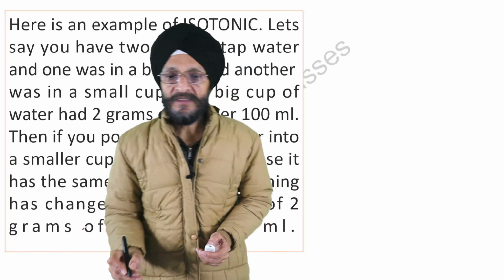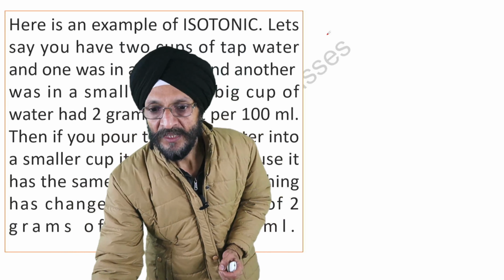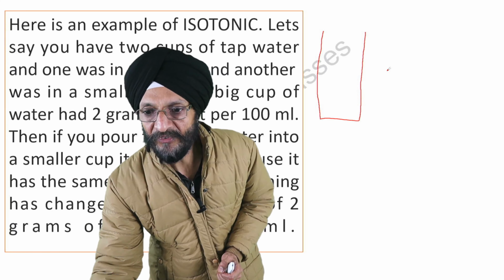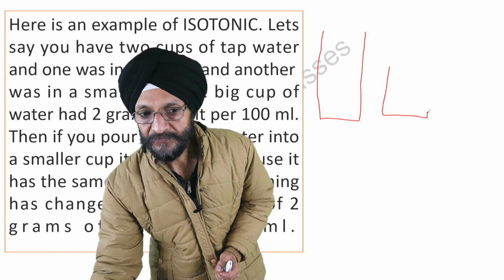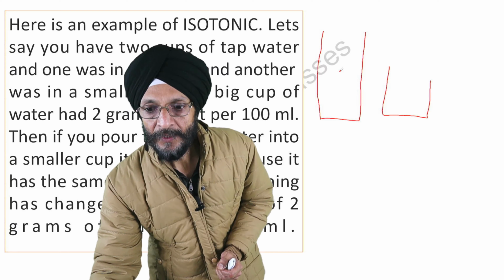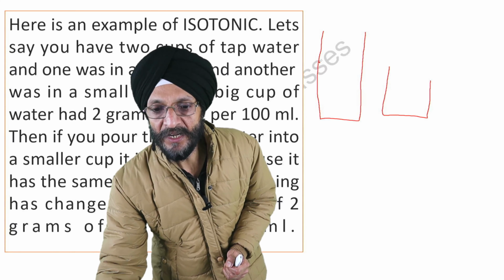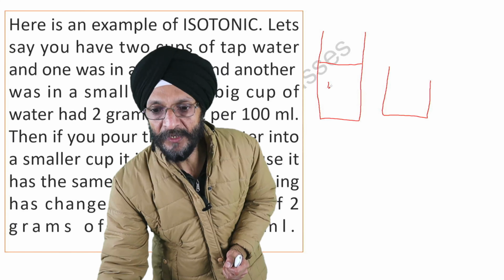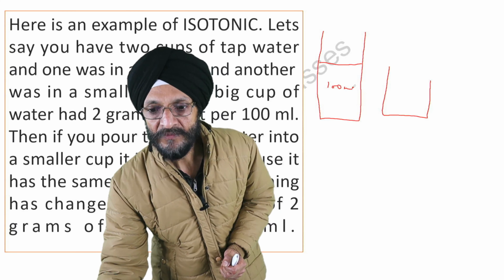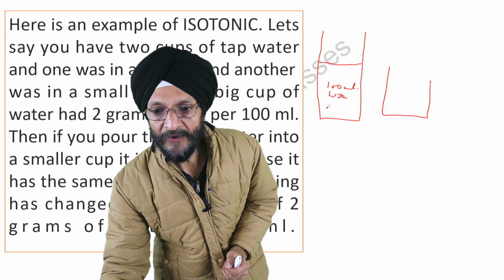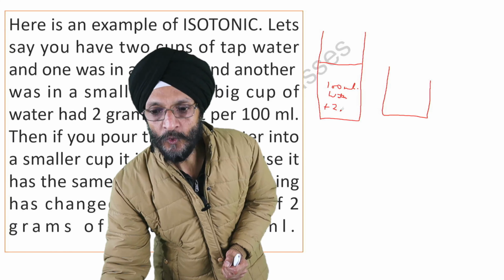Here is another example of isotonic. Let us take 2 cups of tap water. One is a big cup, another is a small cup. In this big cup, we take 100 milliliter of water and we put in it 2 gram salt.